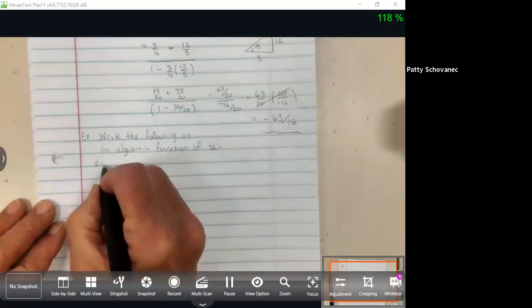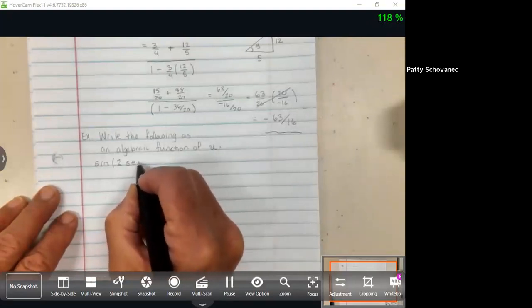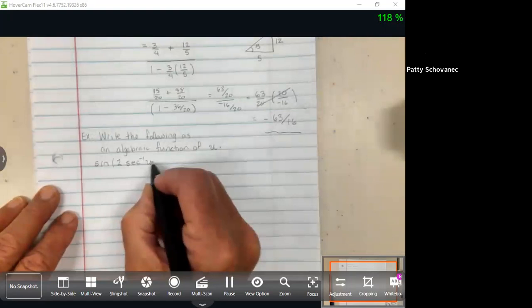So get the trig out of here. Let's see, let's take the sine of 2 times the inverse secant of u.